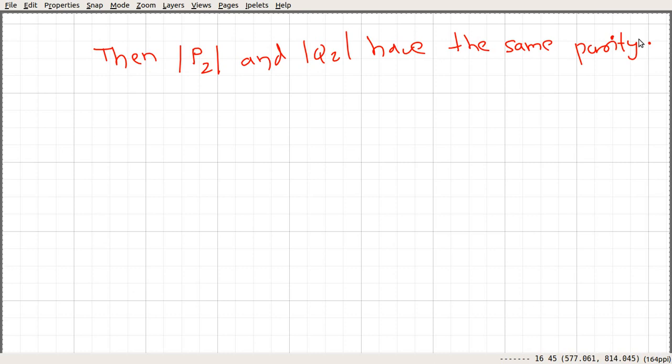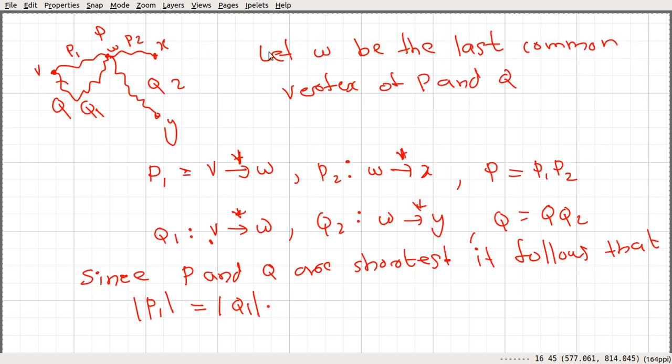So let's see why that is the case. Suppose that the length of this portion, the length of P2, is x. That says the length of P1 is the length of P minus x.